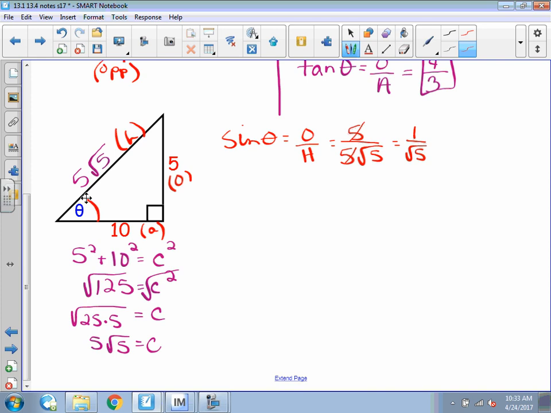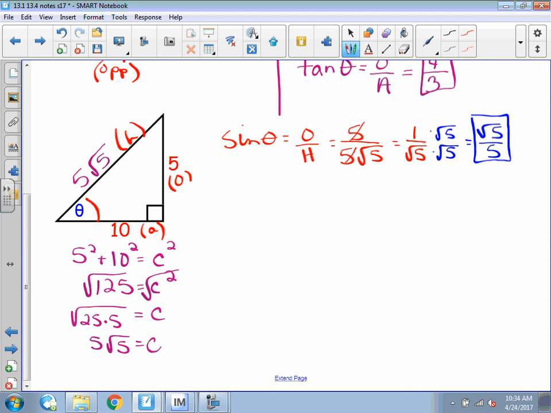Multiply by the square root of 5. What happens when I take the square root of 5 and multiply it by the square root of 5? I just get 5. So we multiply this by the square root of 5, and that'll give me 5 on the bottom, but if I do it on the bottom, I also have to do it on the top. So that just gives me the square root of 5 over 5.